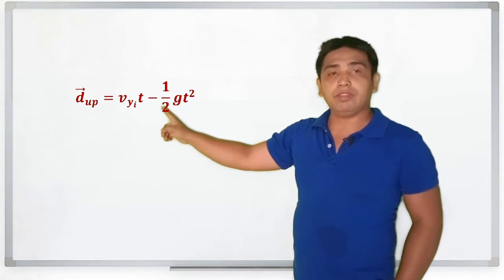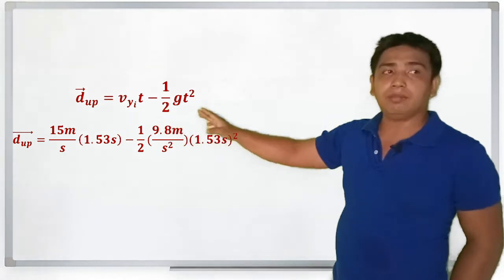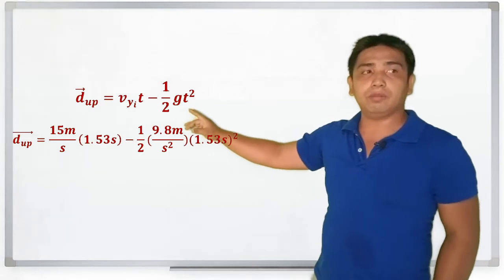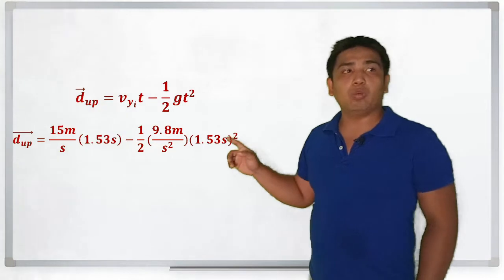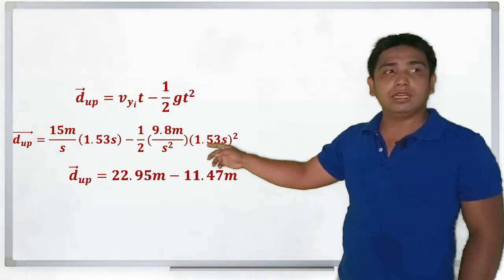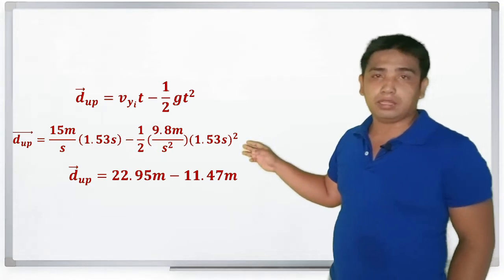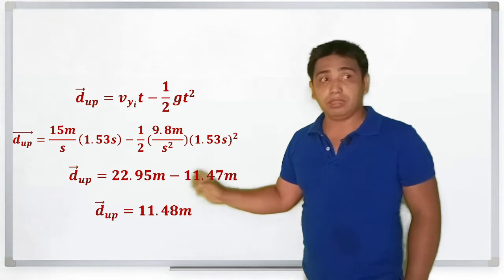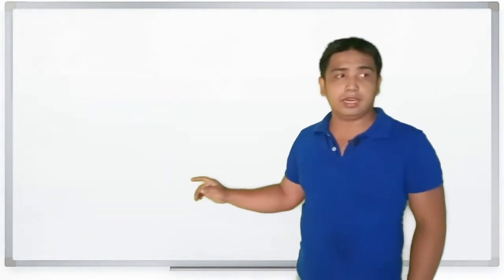That's gonna be 15 meters per second times 1.53, minus 1/2 times 9.8 meters per second squared times 1.53 squared. That's gonna be 22.95 meters minus 11.47 meters. So that's gonna be the maximum height, which is 11.48 meters.